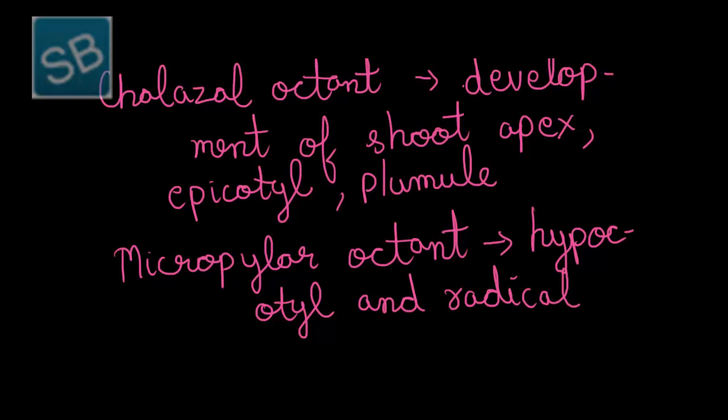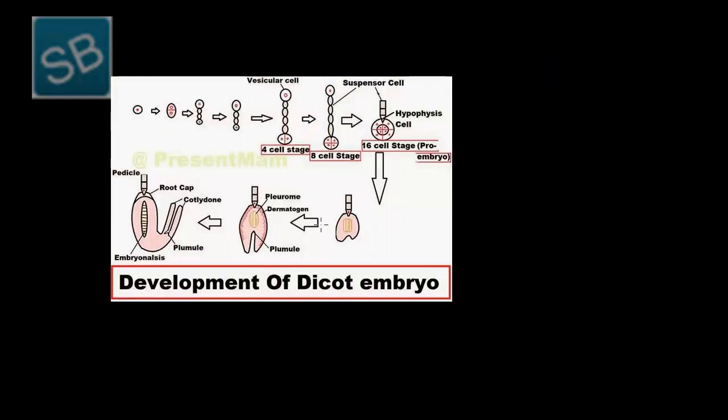Now, this figure depicts the development of various tissues within the embryo. As it can be seen that towards the micropylar end, that is the peripheral region of the radicle, the root cap develops within the embryo, and towards the chalazal end, the plumule occurs.